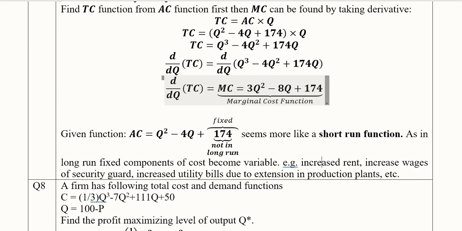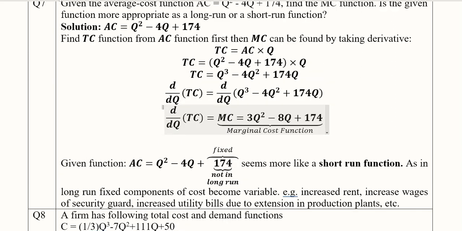So the fixed cost, which is usually fixed in the short run, may not remain fixed in the long run. So this fixed value shows that we are not talking about the long run, we are talking about the short run. So it's a short run average cost function which is given.